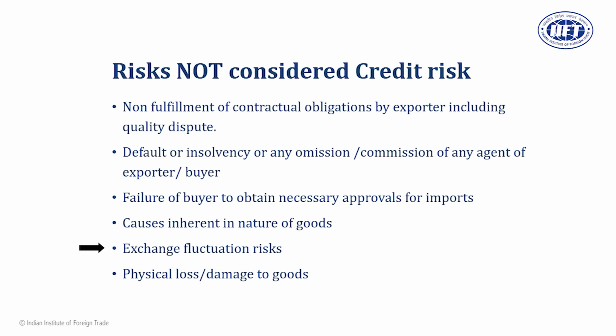That means any kind of exchange rate related fluctuations will be monitored and taken care of through currency risk management techniques and not by ECGC. In case there is any kind of physical loss or damage to the goods, we all now know that it will be covered under marine insurance but not under credit risk.